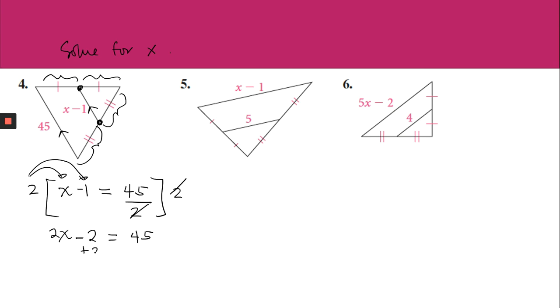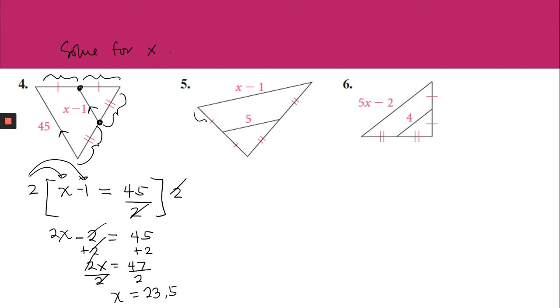Then add both sides by 2. 2x is equal to 47. Divide by 2. X is equal to 23.5.